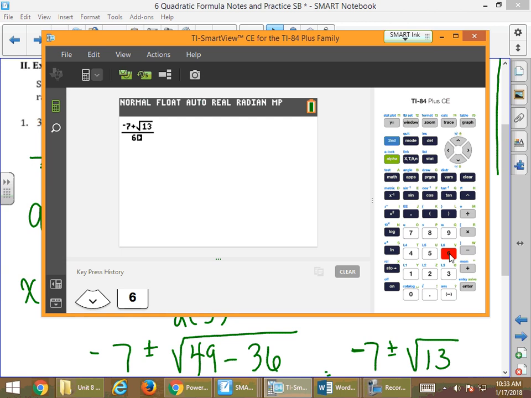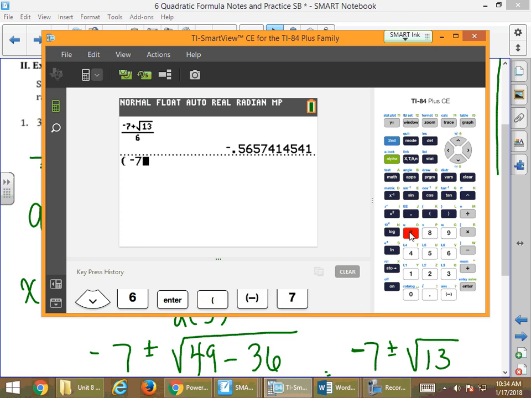So notice I could only do 1, because it said plus or minus. But there it is with the fraction. If you don't have that fraction button, then you have to do parentheses, negative 7 plus the square root of 13, arrow, close the parentheses, divide by 6.